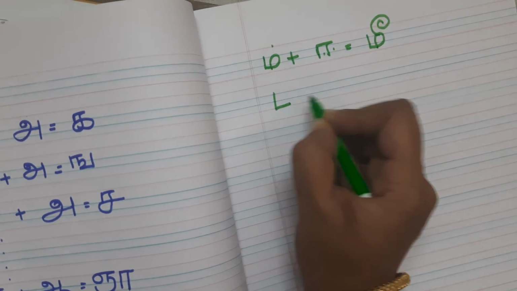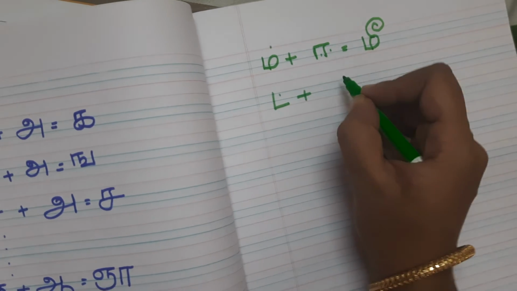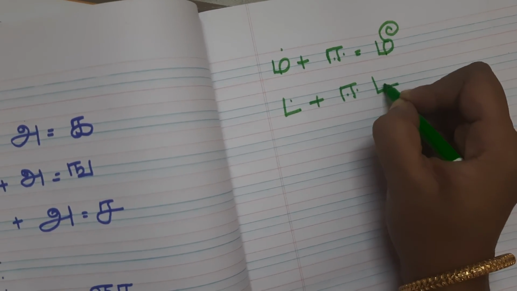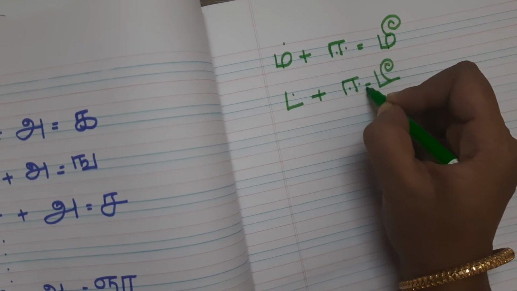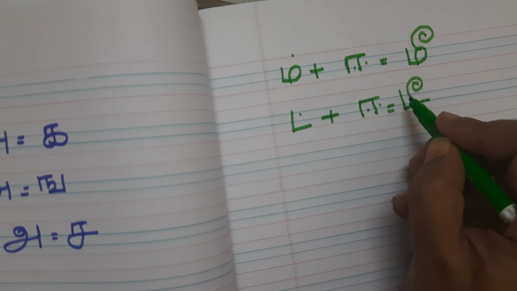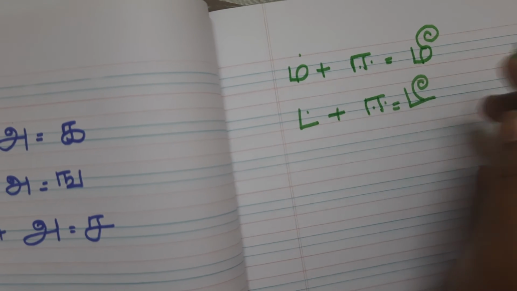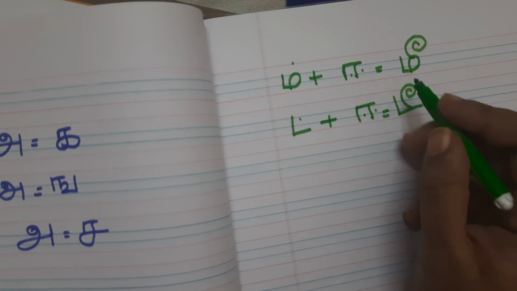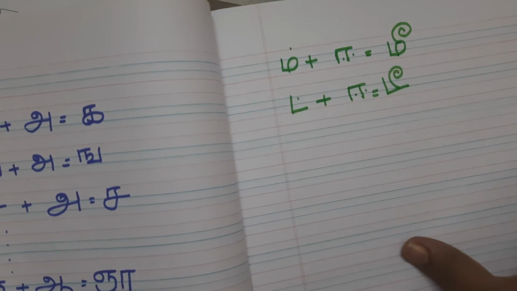For ta, it கூட்டல் E is going to be T. So for all the letters we should add a curl line so that it will become T or me, the sound of E.